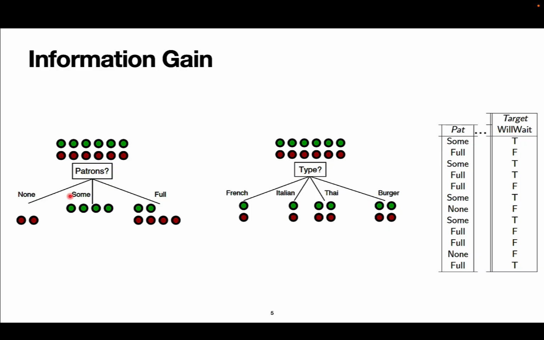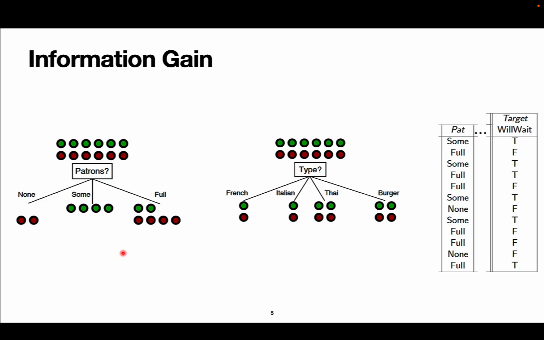But if a subpopulation contains a mix of classes, then the entropy will be something greater than 0 because there is some uncertainty. Now, to determine the overall entropy after the split, we calculate a weighted average of the entropies of all subpopulations, which means the none, the some, and the full.